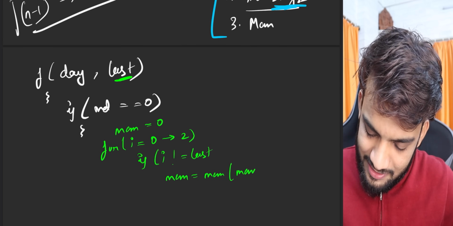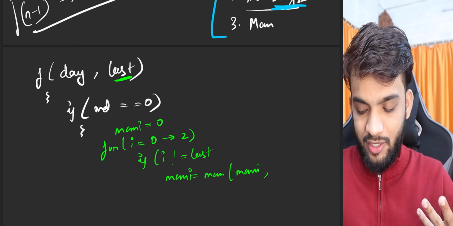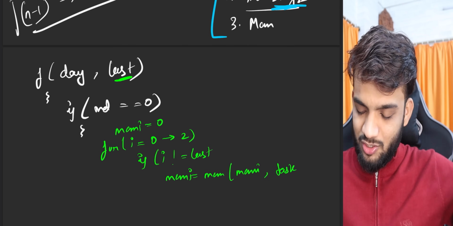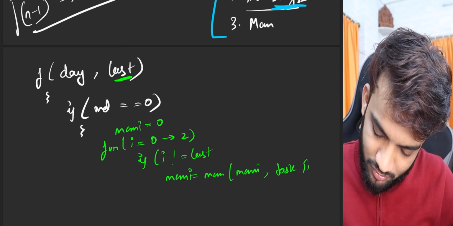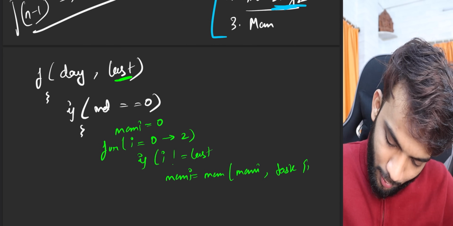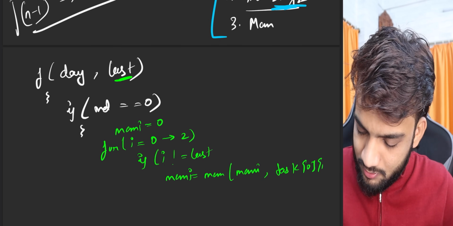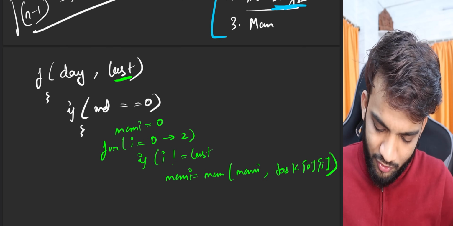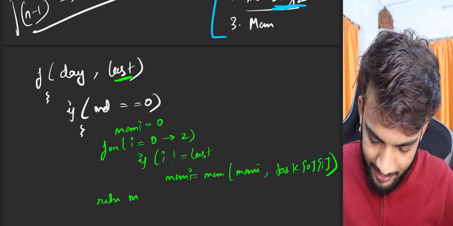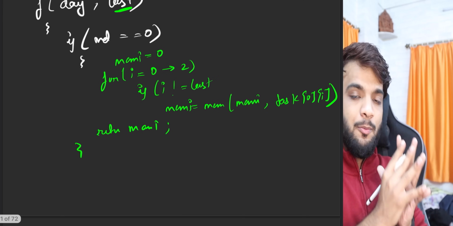Take the max of maxi and task of the 0th day, task i, whatever maximum you're getting. Can I surely return this? Can I say this is my base case? Think properly.